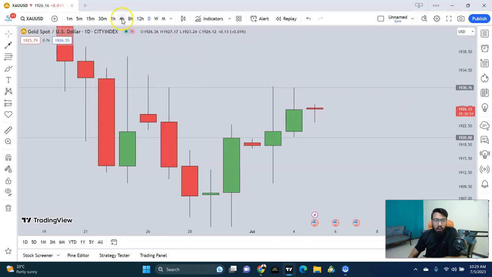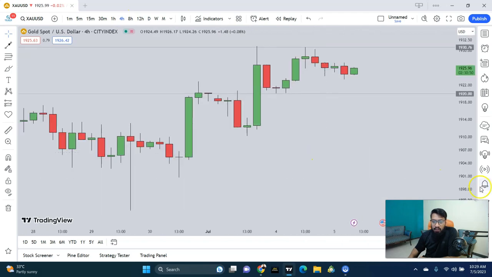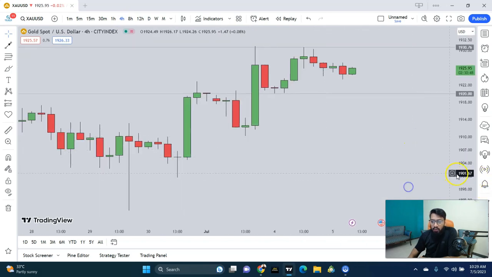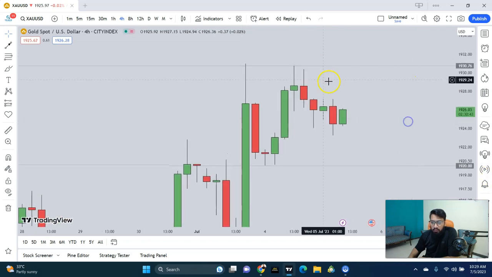So how we have to see it on 4 hours, then we will go and see it on 4 hours. So this is the anatomy of a 4 hour candle. If the low or the high is taken off for the 4 hours, it indicates to us the direction in which the price can move.